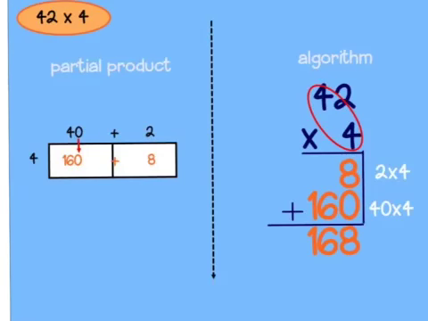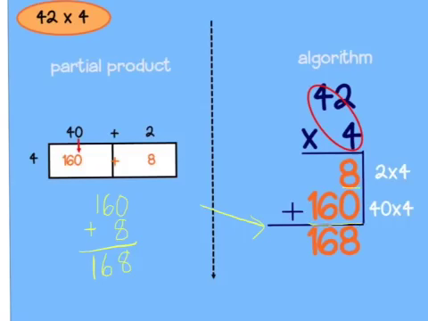The last step is something that you're used to doing with partial product as well. Once you've multiplied everything, the last step in partial product is to add those numbers that you had in the boxes, giving you 168. Well, the same is true with the algorithm. The last step is to add. Here I have 8 plus 160.